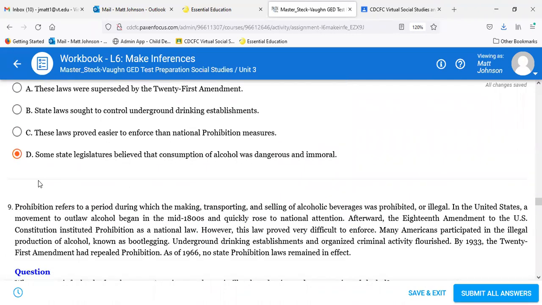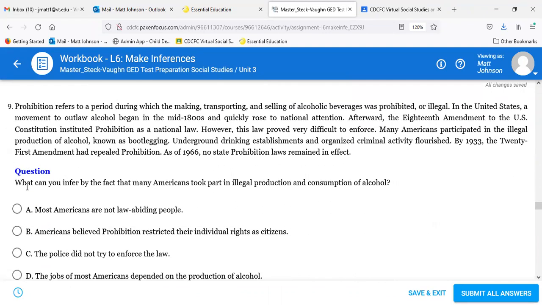And then number 9, we got our same prohibition passage here. Christiana, you want to read number 9? Okay, number 9. What can you infer by the fact that many Americans took part in illegal production and consumption of alcohol?